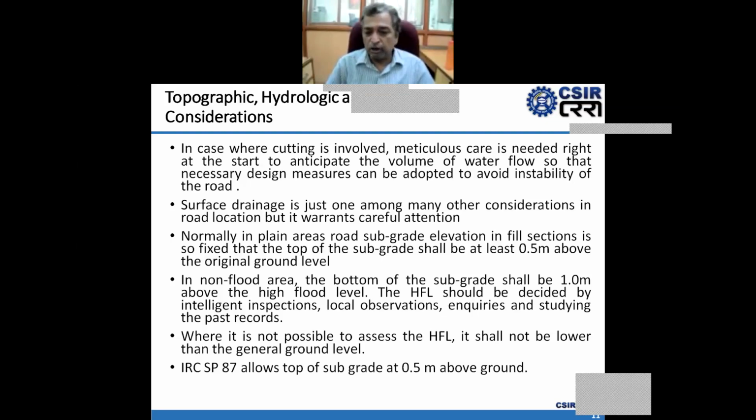Where it is not possible to assess the highest flood level, it shall not be lower than the general ground level. As per IRC S7, it allows the top of the subgrade at 0.5 meter from the ground level.